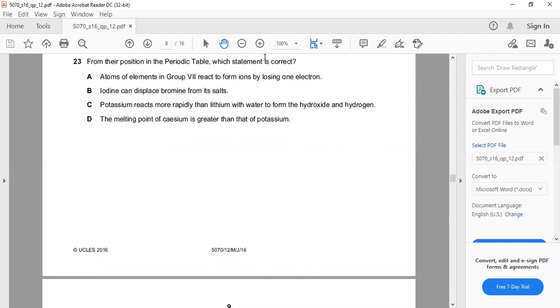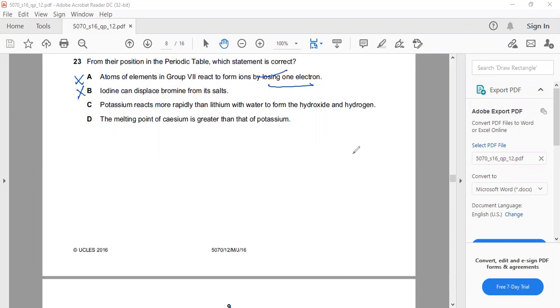From the position in the periodic table, which statement is correct? Atoms of elements in group 7 form ions by losing electrons? No. By gaining electrons? Iodine can displace bromine?